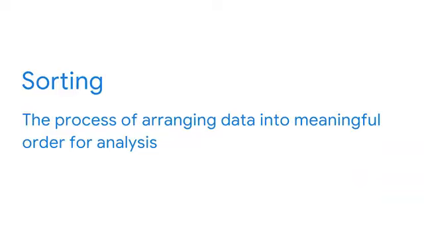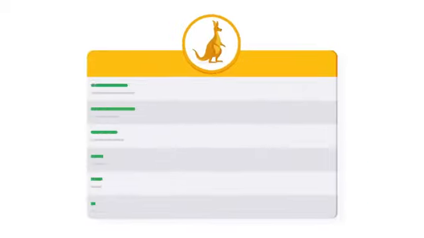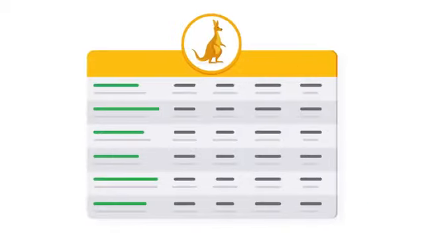First on the list of structuring methods is sorting. Sorting is the process of arranging data into meaningful order. Imagine that you're given a data set about kangaroos. These furry creatures are native to Australia and Papua New Guinea. They're known for their strong tails and belly pouch they use to cradle their babies called joeys.